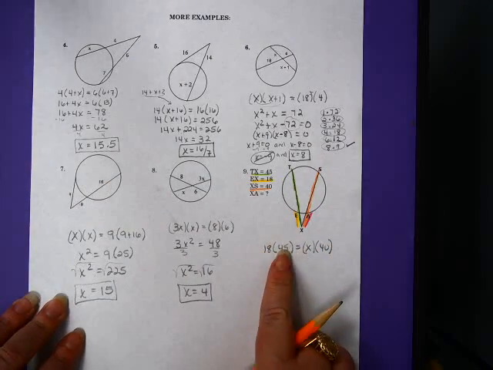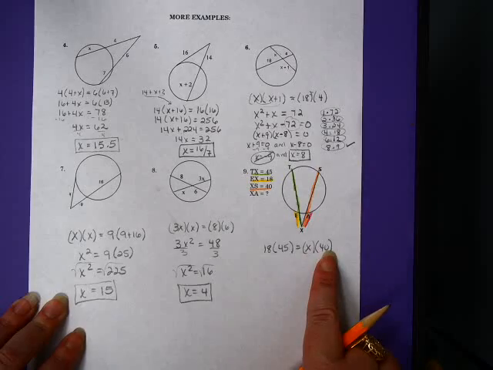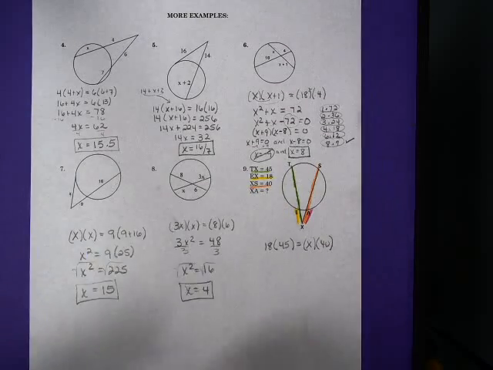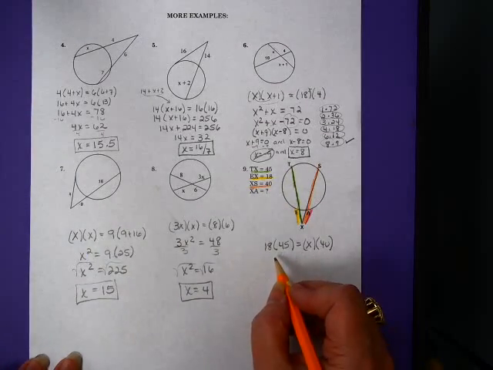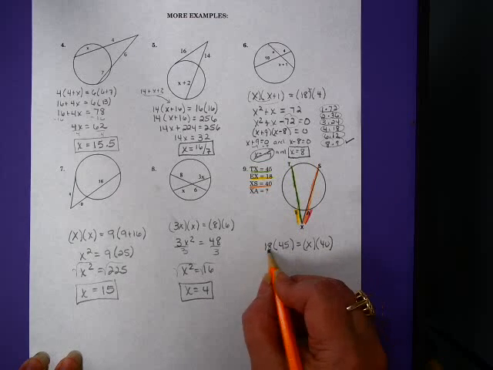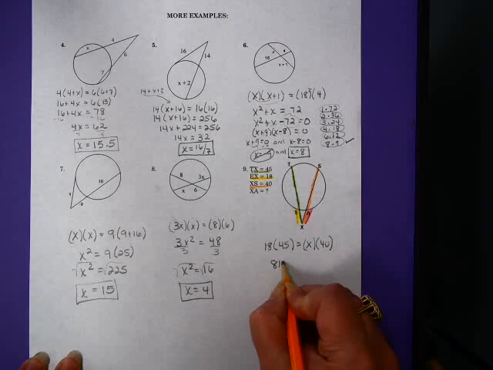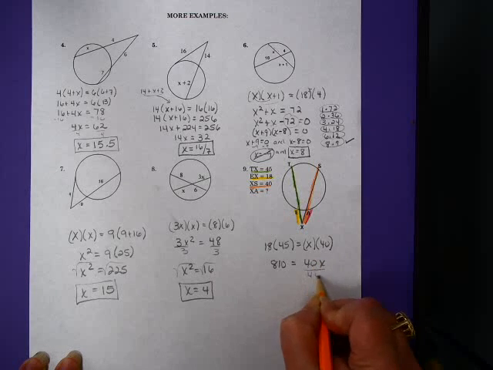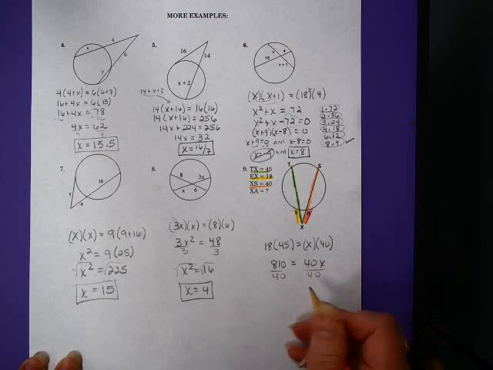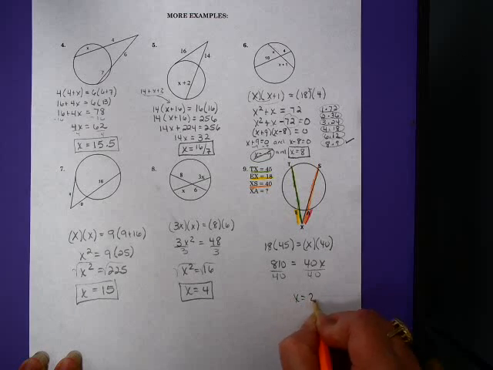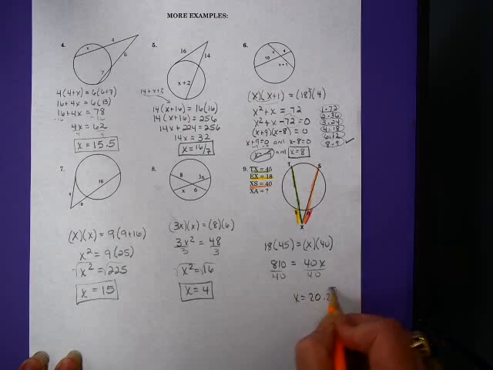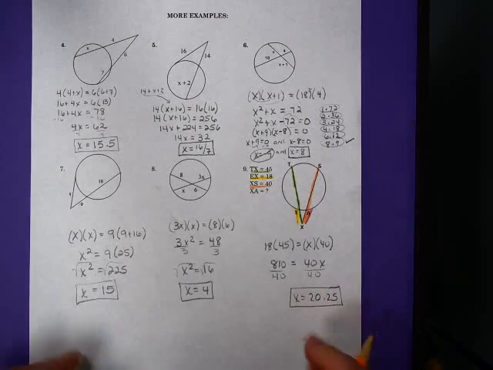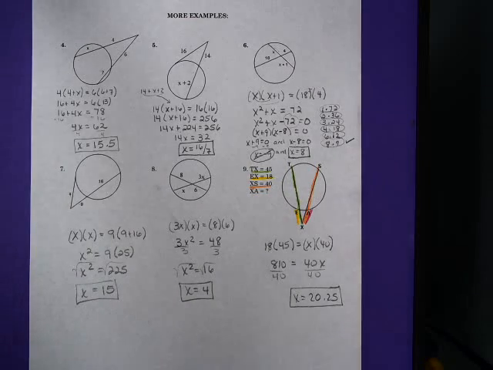So outside times the whole equals the outside times the whole. And then I'm going to multiply these together. When I multiply these two together, I get 810 equaling 40x. Divide both sides by 40. And I get x equals 20.25. And since that's a terminating decimal, that is an exact answer. You get an exact answer every time, you don't have to round.